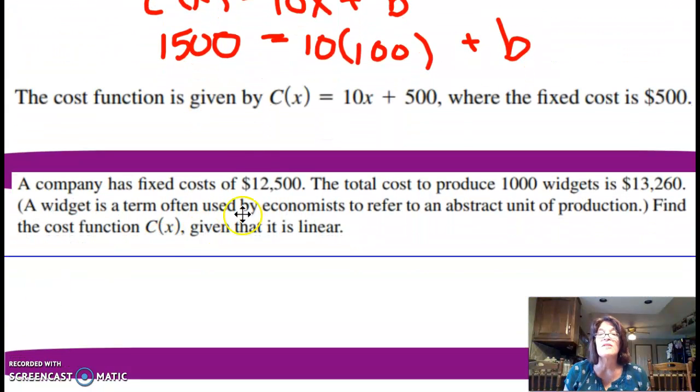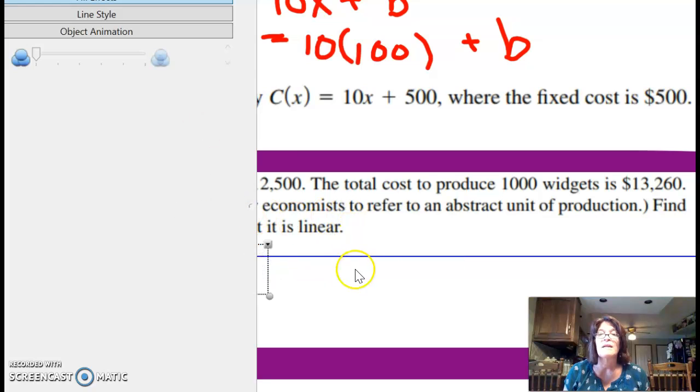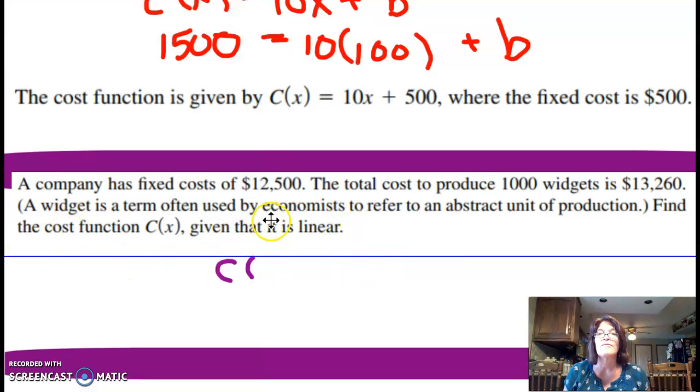A company has a fixed cost of $12,500 and the total cost to produce 1,000 widgets is $13,260. Find the cost function. Same thing, except I'm given different information, but the process is the same. The cost function is always the marginal cost, or the slope, times the number of things produced, plus the fixed cost.